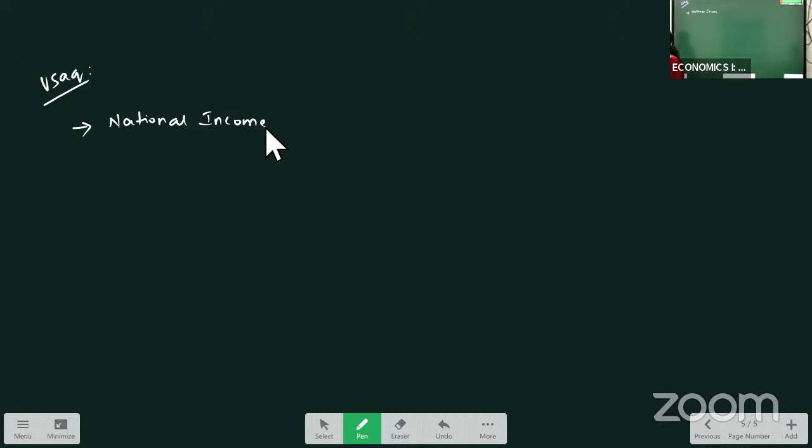Next one we have gross national product. Second concept is GNP. So gross national product. How we calculate this gross national product?